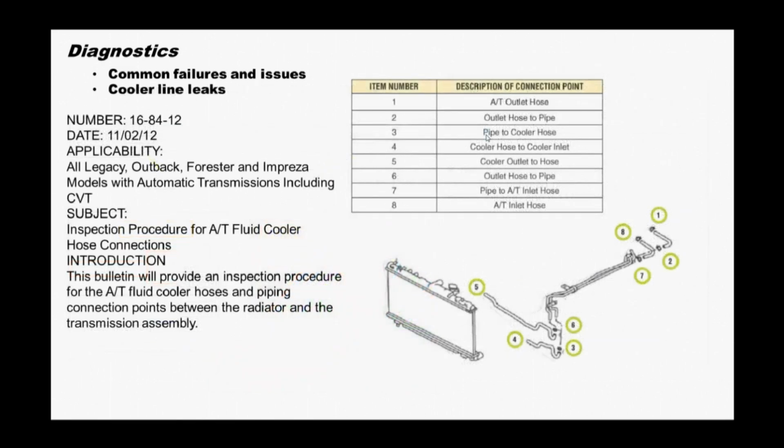Other common failures, we came up with another bulletin, number 168412. This is talking about the Legacy, Outback, Forester, and Impreza with the automatic transmission, also including the CVT transmission. They want you to inspect the fluid cooler hose connections, basically for leaks.